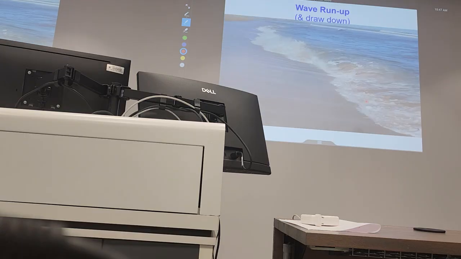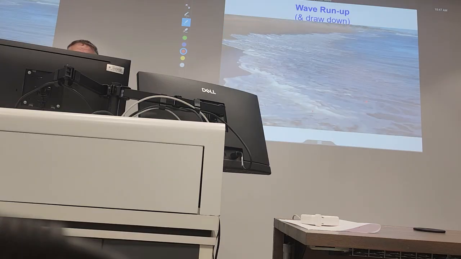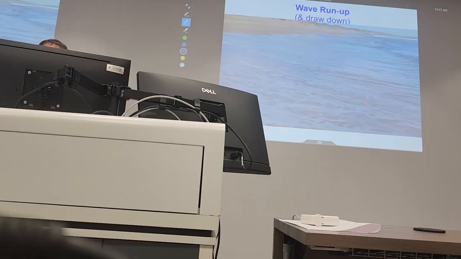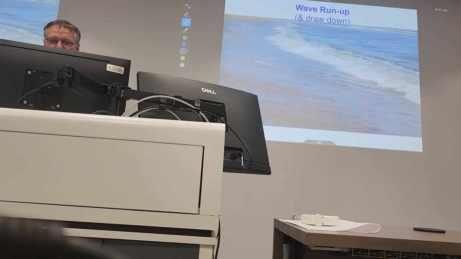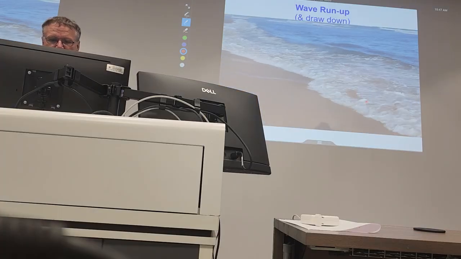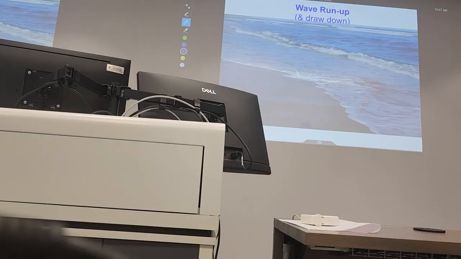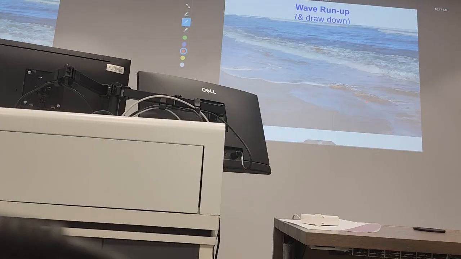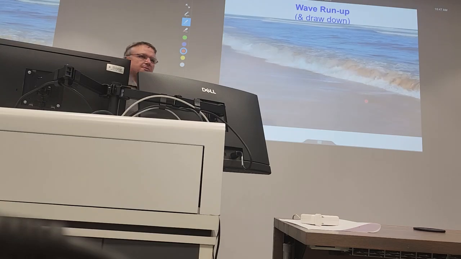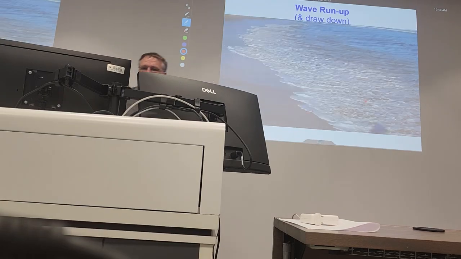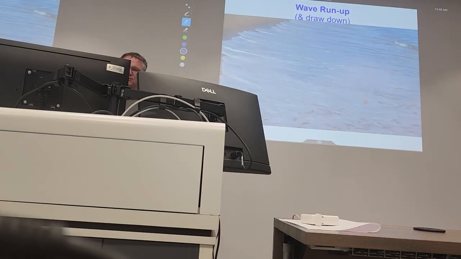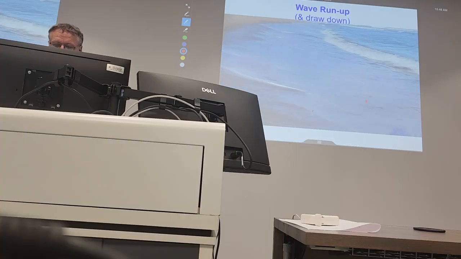Here's a typical example of wave run-up. You can see this is normally our setup line on that side, but at times as the waves break, you get some run-up, and when you design, you must take that into consideration, especially if you do designs for critical heights or significant height levels.